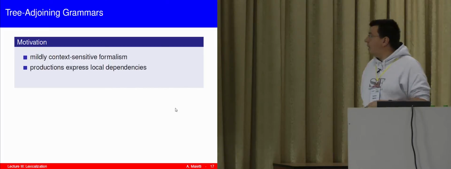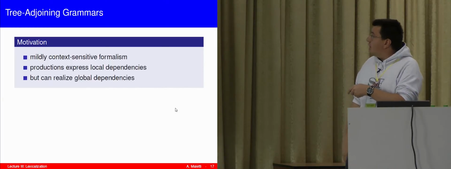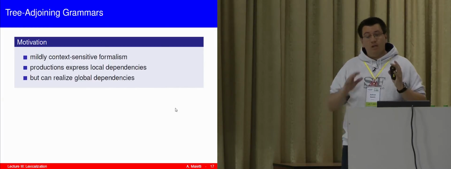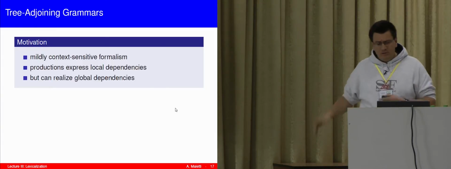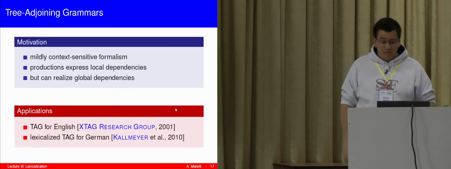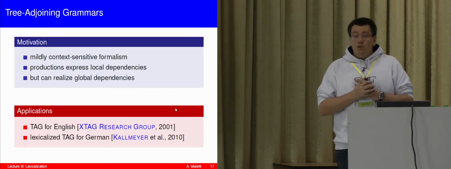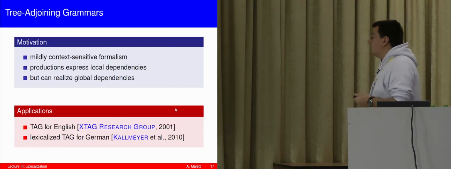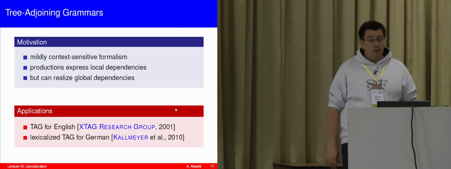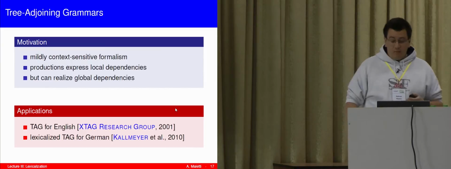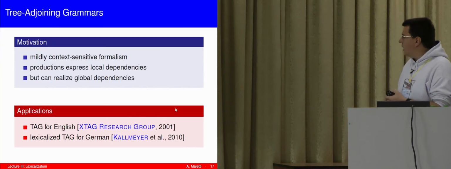That's typical for grammars, but they can actually realize global dependencies. So you can actually realize quite complicated dependencies. But this is more linguist speak, right? It doesn't say much to a theoretical person. However, these have been used extensively. So there's been a long-running project called the XTAG project, which ran for, I think, more than 10 years.